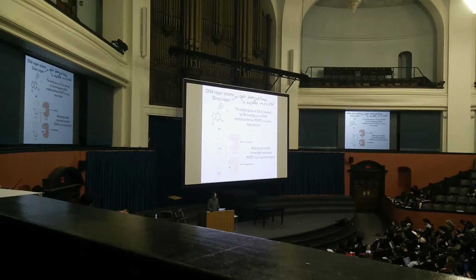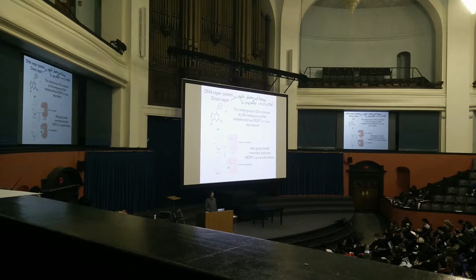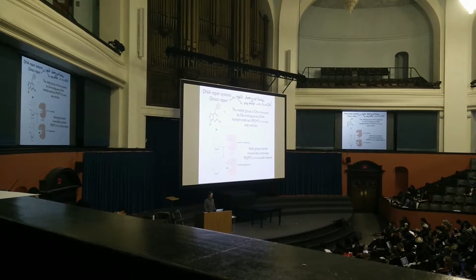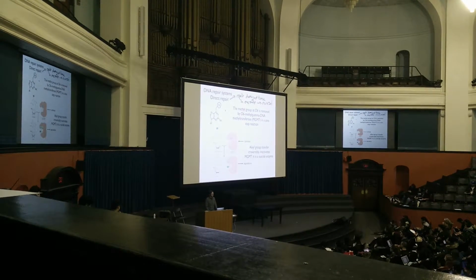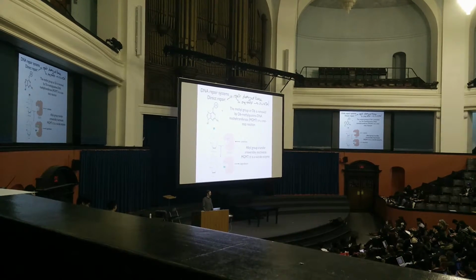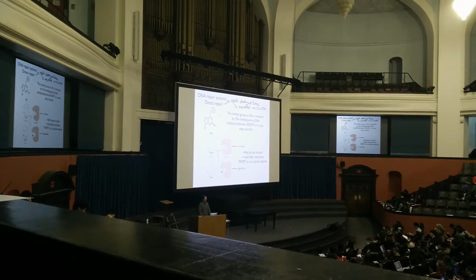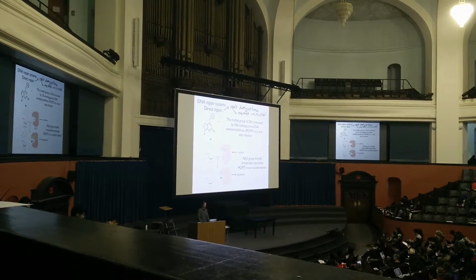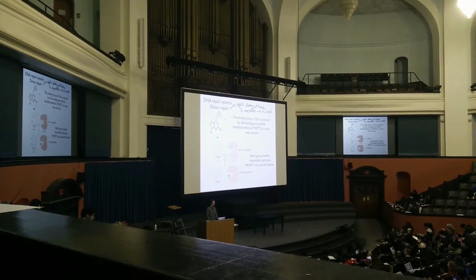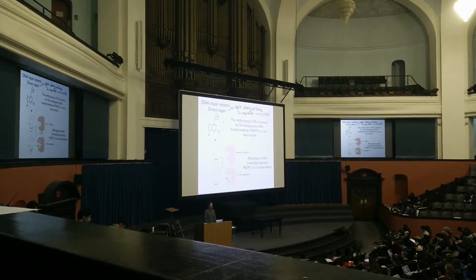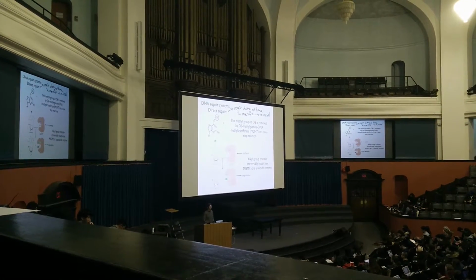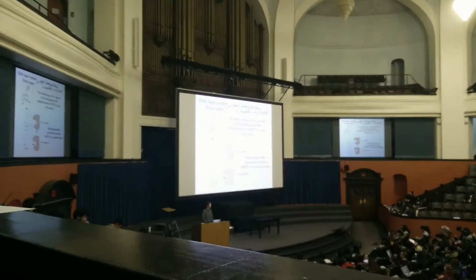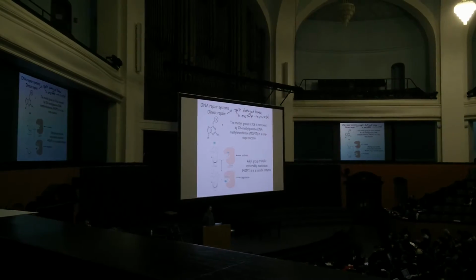For example, the repair enzyme that can reverse methylation of O6 of guanine is not going to be able to fix other kinds of lesions. It's not going to be able to fix a deamination of cytosines, for example. And so the spectrum of mutations that you can repair by this kind of mechanism is limited.